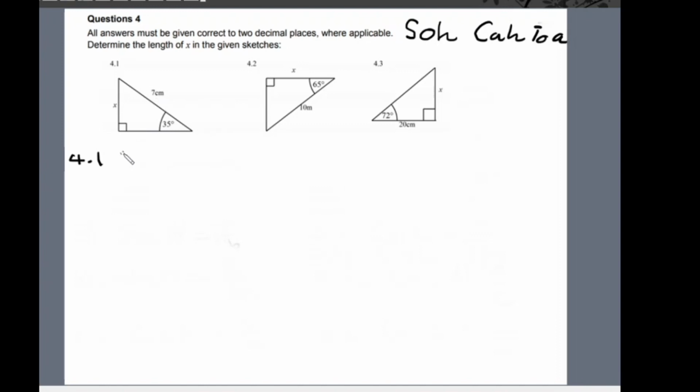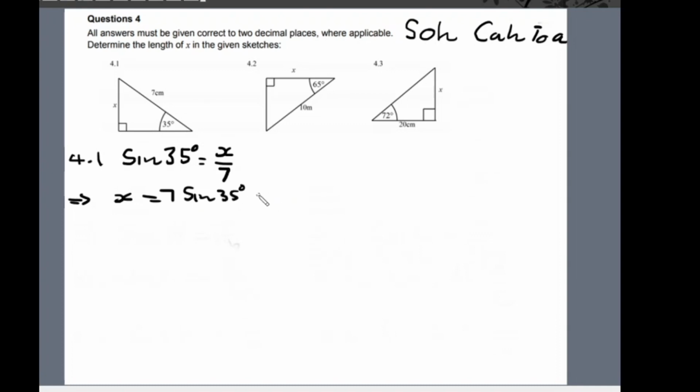So sine 35 degrees will be x over 7, which implies that x is equal to 7 sine 35.